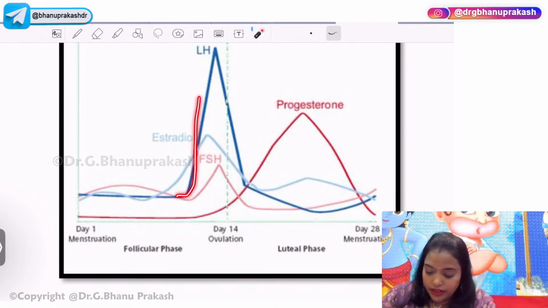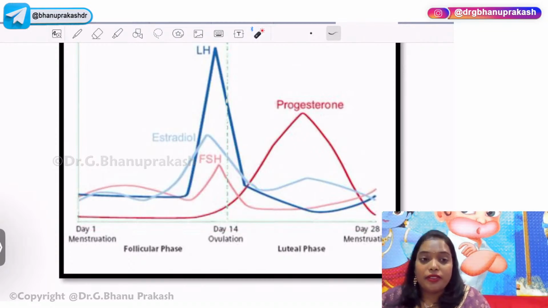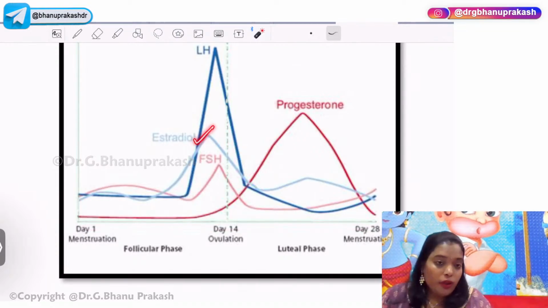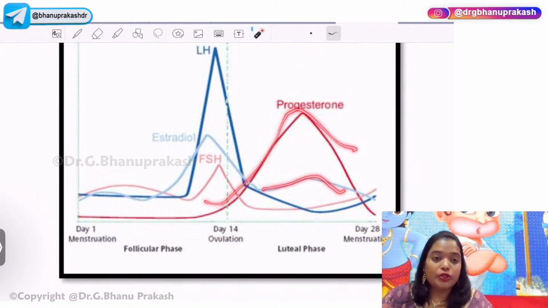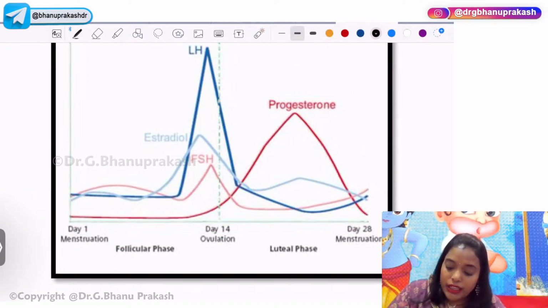Can you see here? How many peaks of estrogen will you have? Estrogen will have 2 peaks. One just before the ovulation, second on day 22. On day 22, along with the progesterone peak, you'll have an estrogen peak also. So what should be the level of estrogen in order to cause the LH surge?